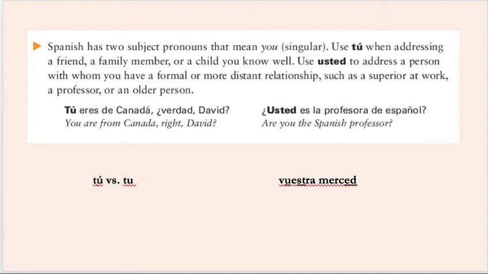With unknown people, you should use usted, generally speaking. Latin American Spanish, and especially Mexico Spanish, uses usted much more frequently, especially when someone is unknown to you. In Spain, they use tú all the time, so they're very informal there, more relaxed. They might use usted with the king or queen.